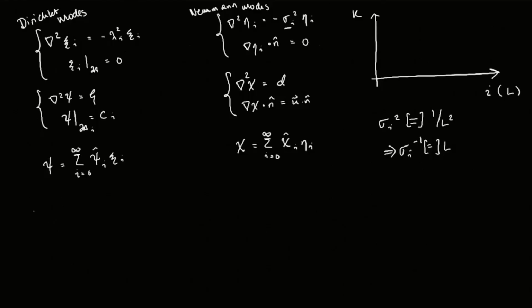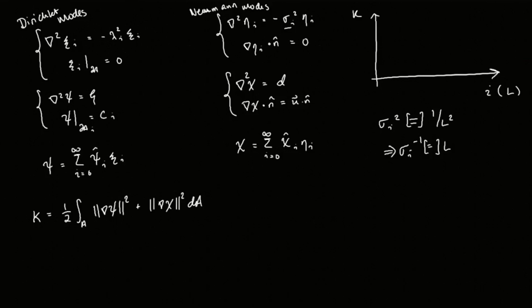So remember, kinetic energy is 1/2 the integral of grad psi squared plus grad chi squared dA.